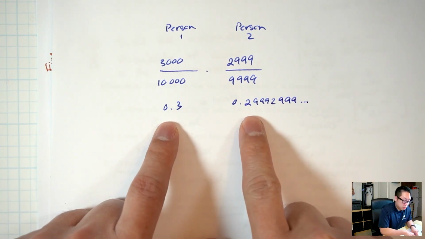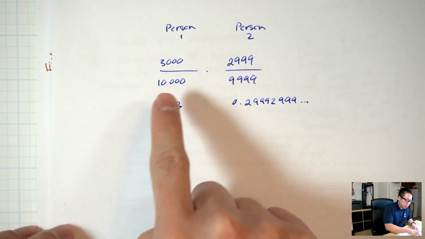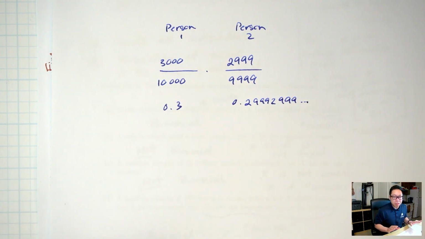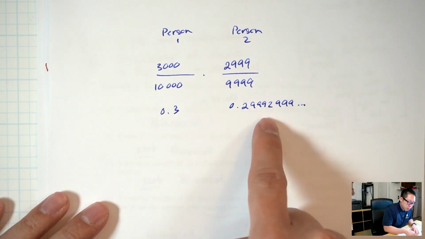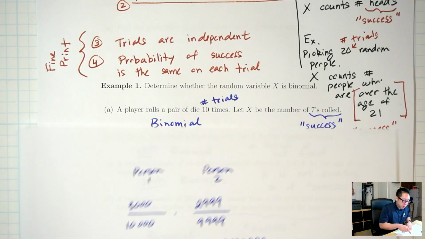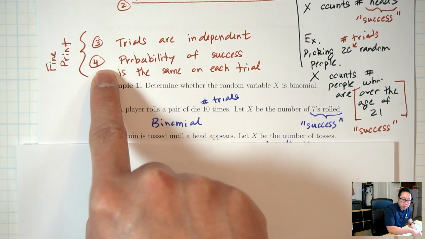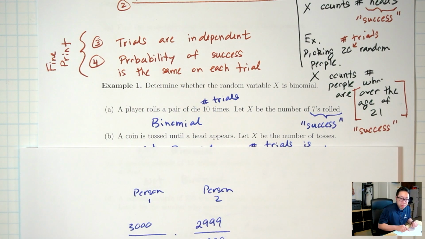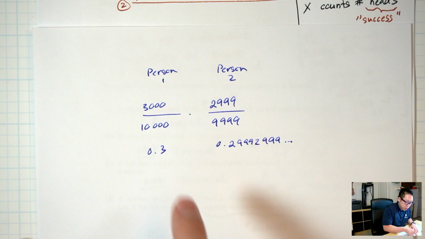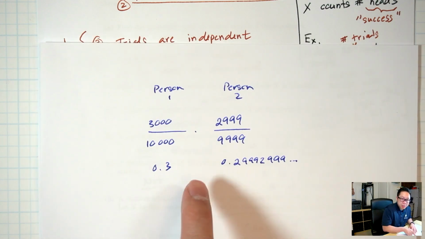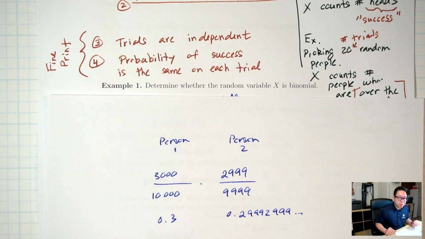Very close to each other. As long as the population is big enough, which for our case is almost all the time, the probabilities are going to be about the same. So requirement 4 is almost met. And for the same reason, they're going to be almost independent, so requirement 3 is almost met.